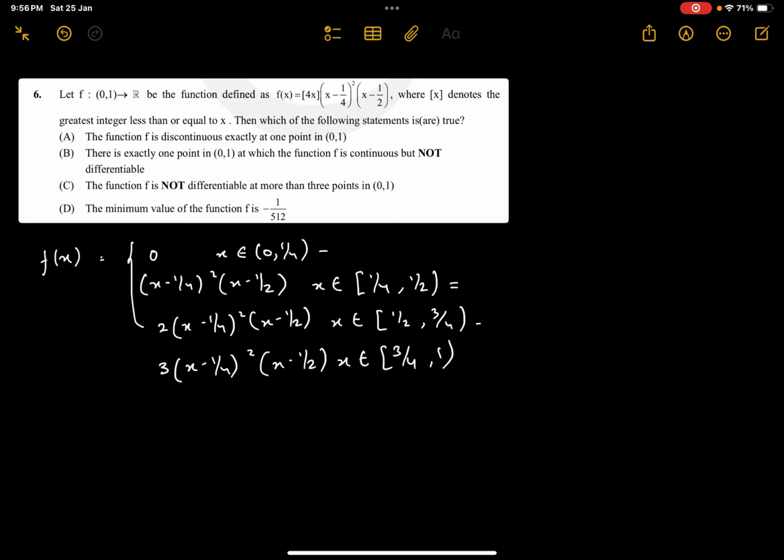At 3 by 4 these two won't be equal because they are not 0, and this in fact would be twice this thing, and this is thrice this thing, so they will be different. So it is discontinuous at 3 by 4. So A option is correct.